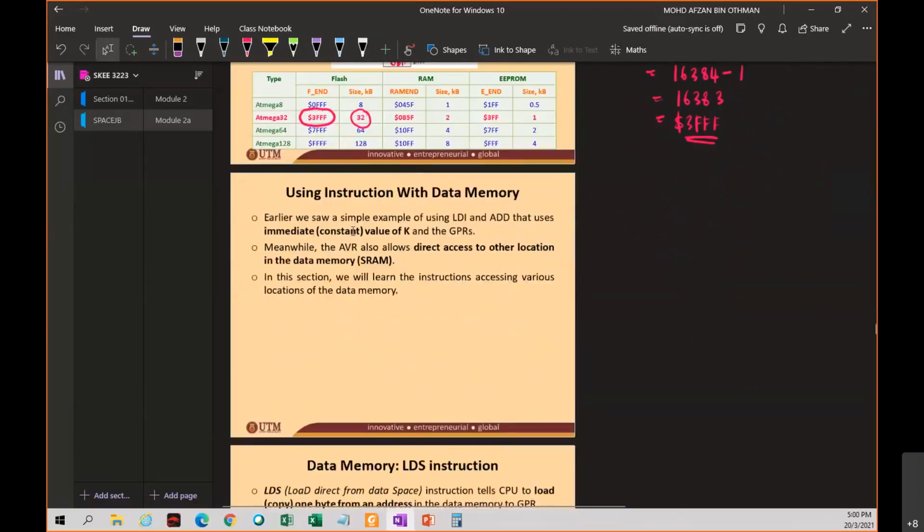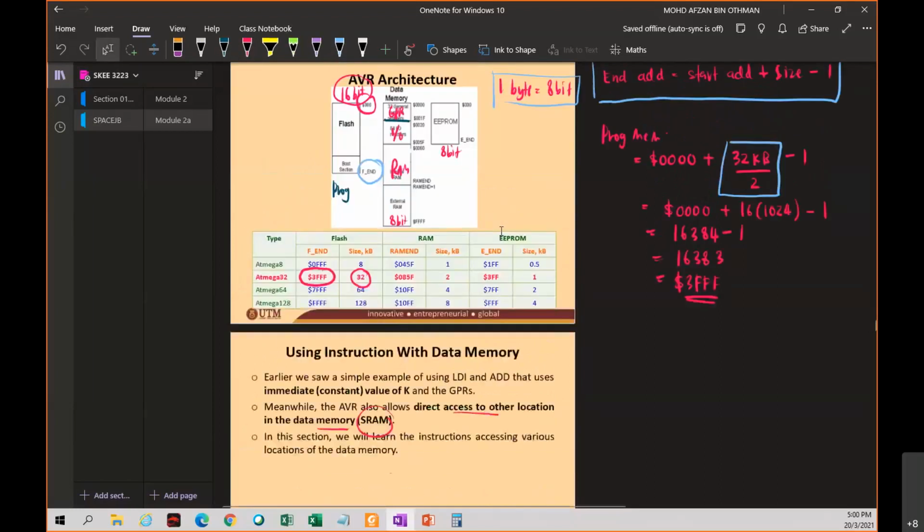Okay, so earlier we saw a simple example of using LDI and ADD that use immediate value of K and the GPR. So LDI and ADD are use the GPR in order to do the data processing. Meanwhile, the AVR also allow direct access to other location in the data memory. Contohnya dalam RAM.